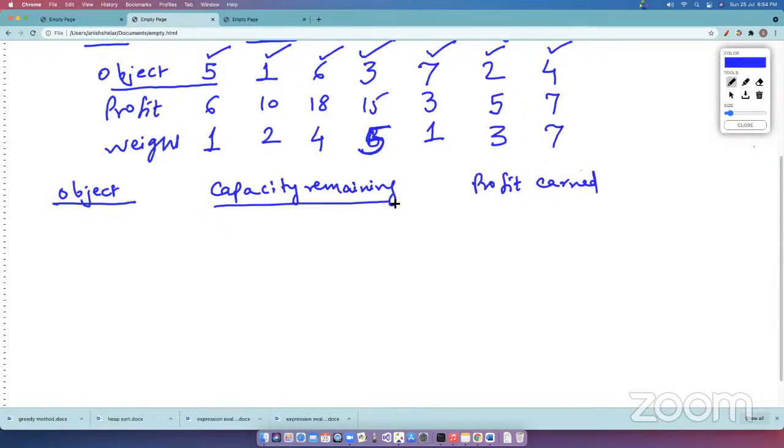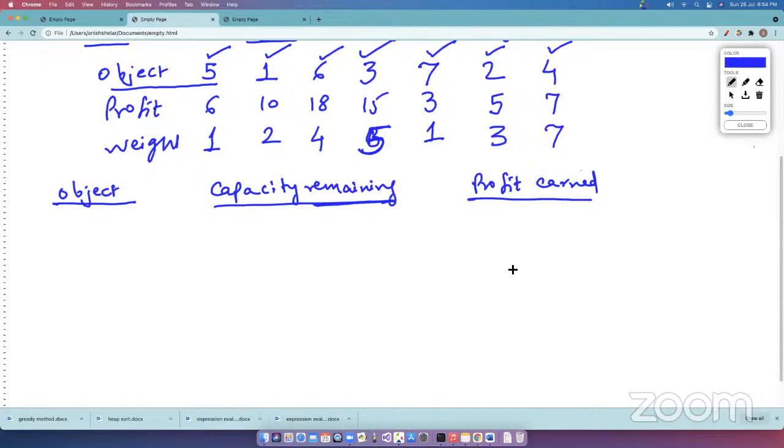Now tell me, what is the capacity remaining in the beginning of the knapsack? 15. Capacity of the knapsack given is 15 initially. We have not filled anything in the knapsack till now.